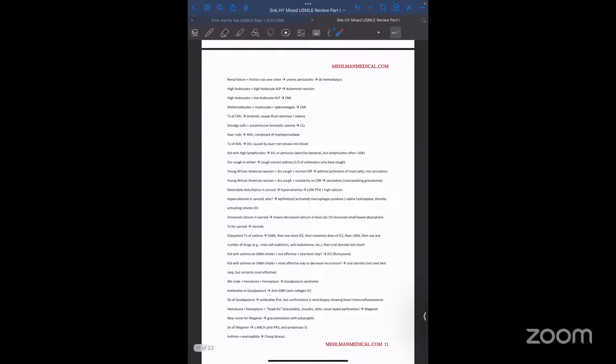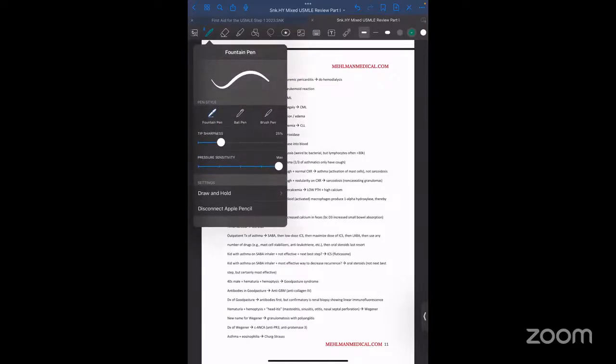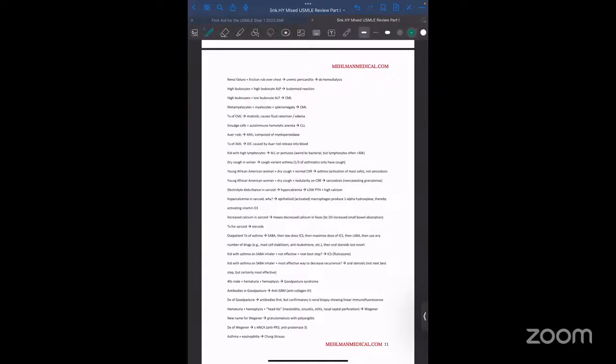Renal failure plus friction rub over the chest: uremic pericarditis, do hemodialysis. Uremia is an indication for hemodialysis. Renal failure will lead to uremia, and uremia will cause pericarditis, leading to the friction rub.